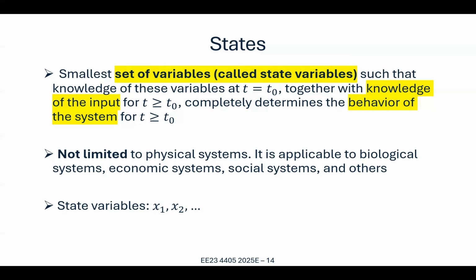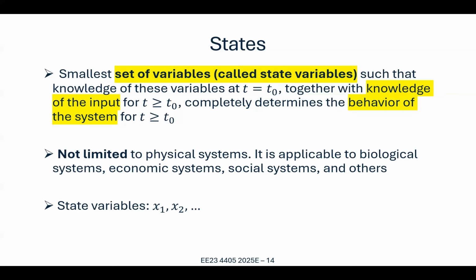So this is not limited to physical systems. As we have seen in control in general, this kind of approach is also applicable to biological systems, economic systems, social systems, and other kinds of systems.